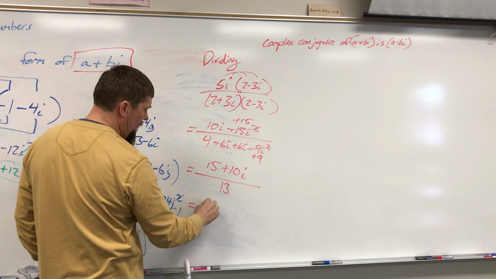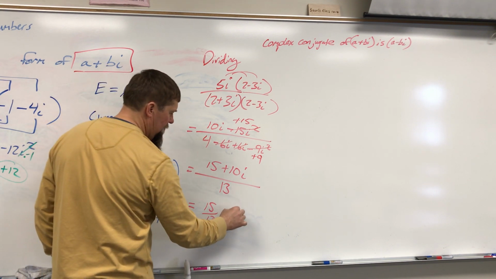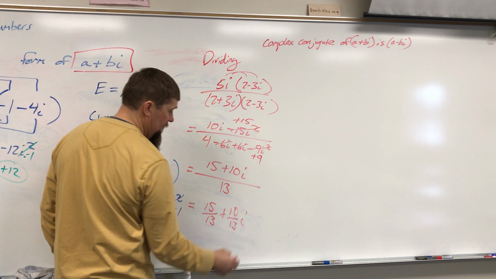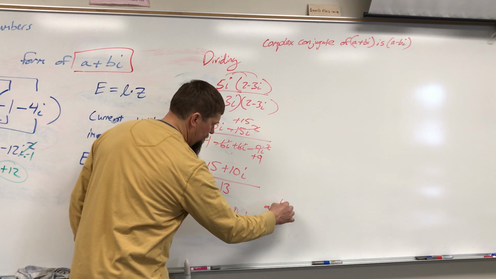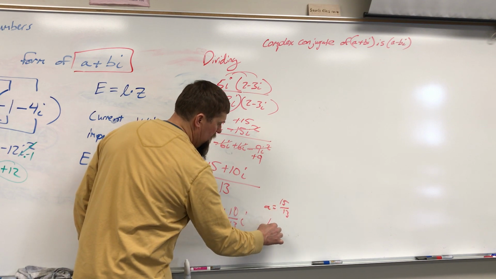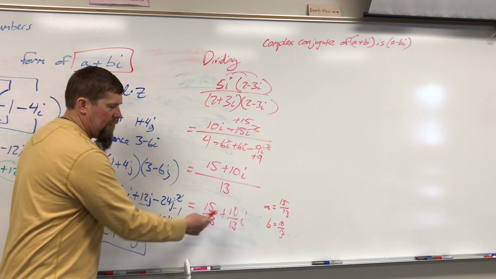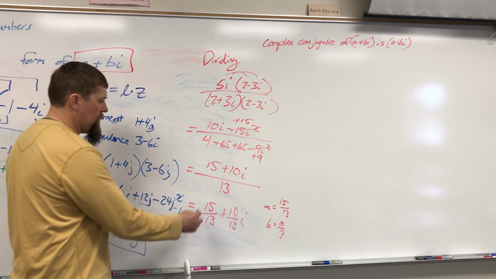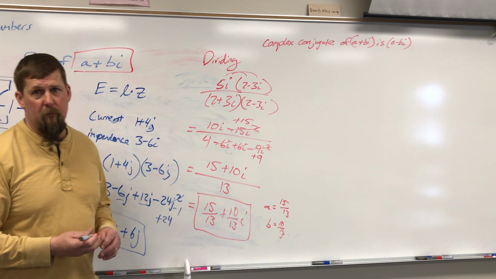So what we want to write it as is 15 thirteenths plus 10 thirteenths i. So we know that a is 15 thirteenths, b is 10 thirteenths. So those two numbers are a and b. So this is my answer when it is written in complex form.